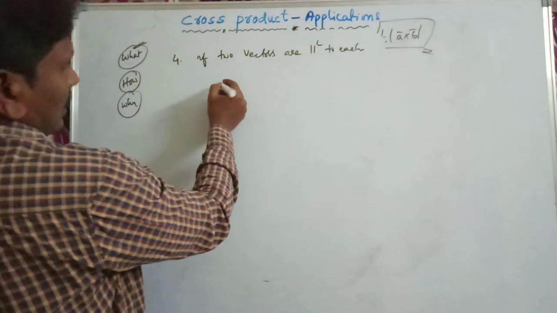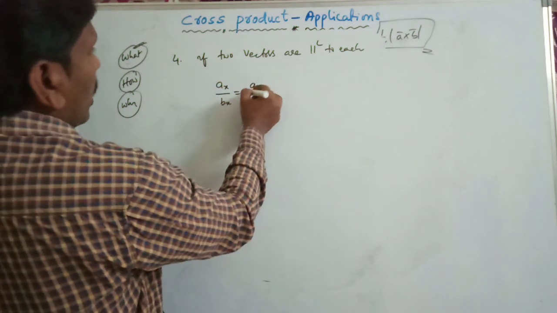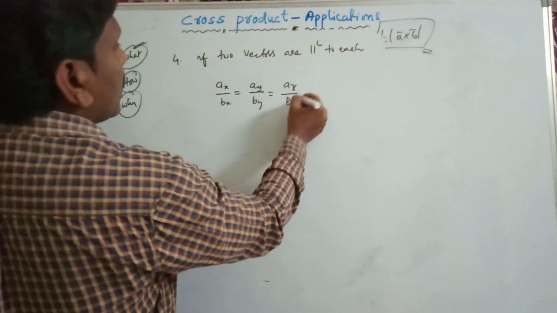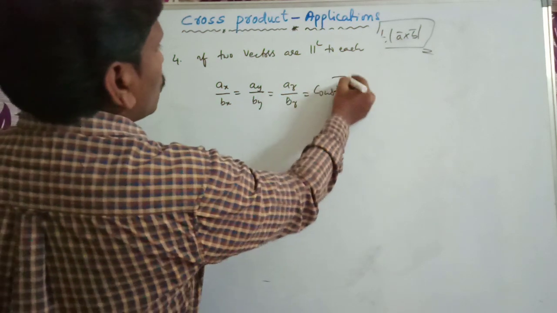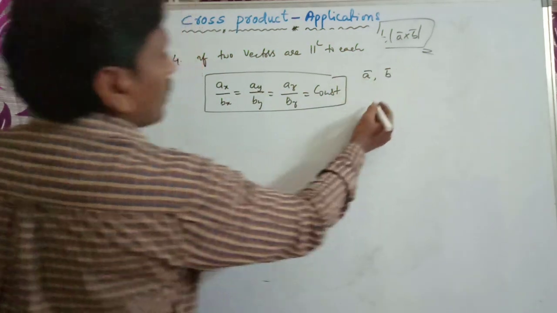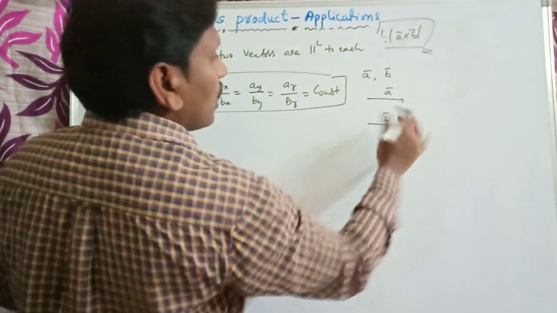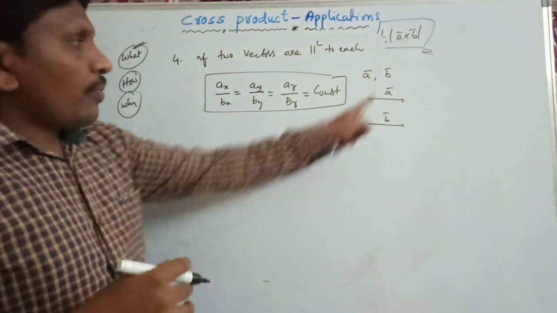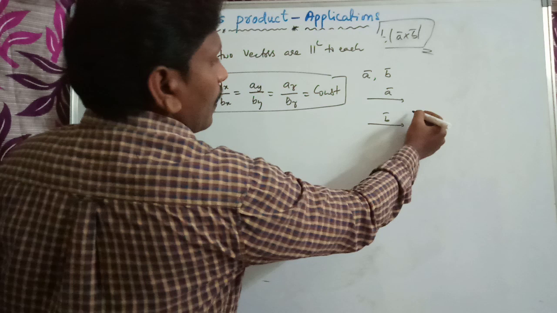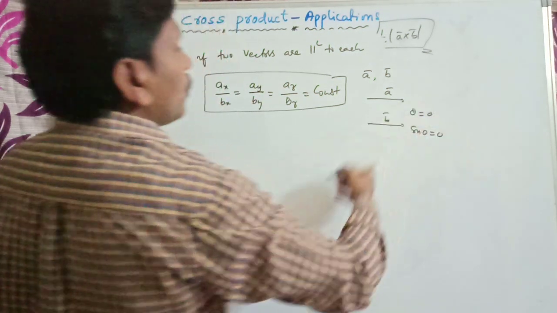The formula is ax by bx is equal to ay by by is equal to az by bz is equal to constant. This is the formula when A bar is a vector and B bar is a vector parallel to each other. In that case the cross product of the two vectors gives, theta is equal to 0, then sin 0 is 0.